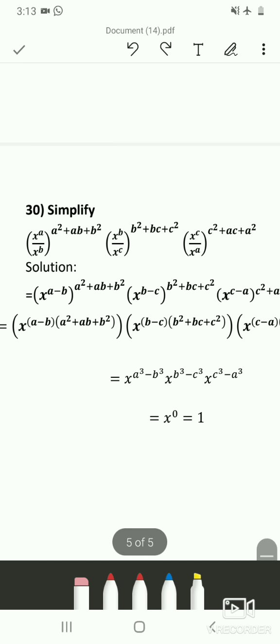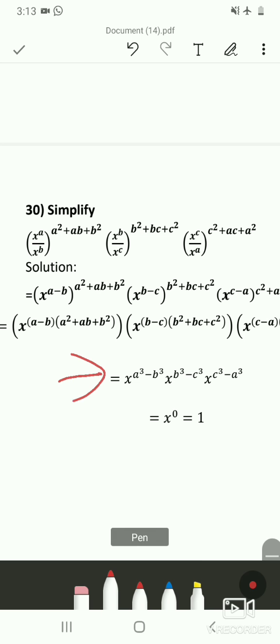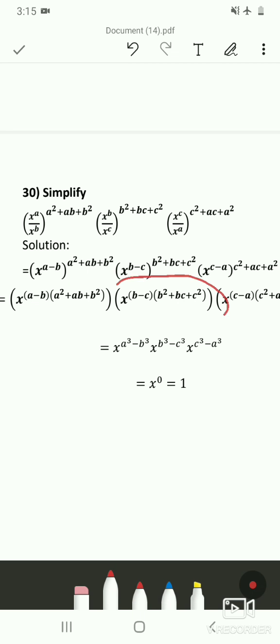So in the next step, we'll get it as x raised to a cube minus b cube. Okay, now in this term you can see, here the exponent term b minus c into b square plus b into c plus c square, again it is in the form of a cube minus b cube. Here in the place of a it is b and in the place of b it is c.